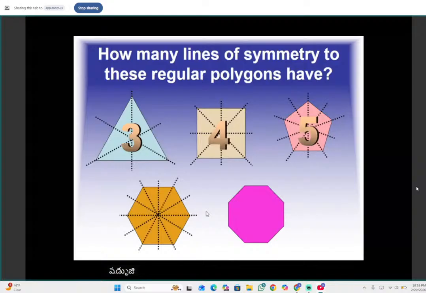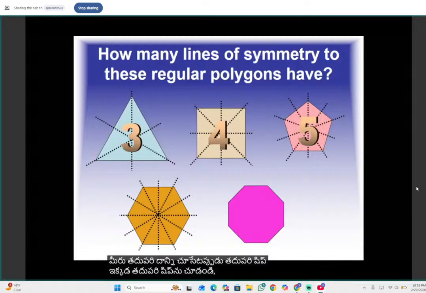Okay, when you look at the next shape, it's like 1, 2, 3, 4, it's the octagon.